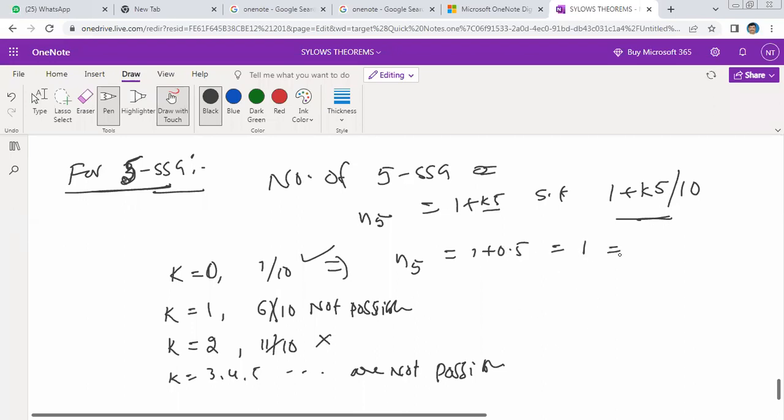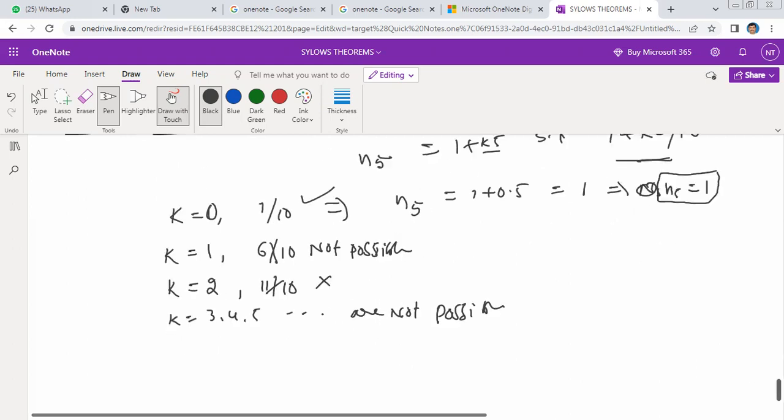Therefore, the number of 5-Sylow subgroups is equal to 1. It is unique, according to our theorem. The number of 5-Sylow subgroups of a group G is unique.